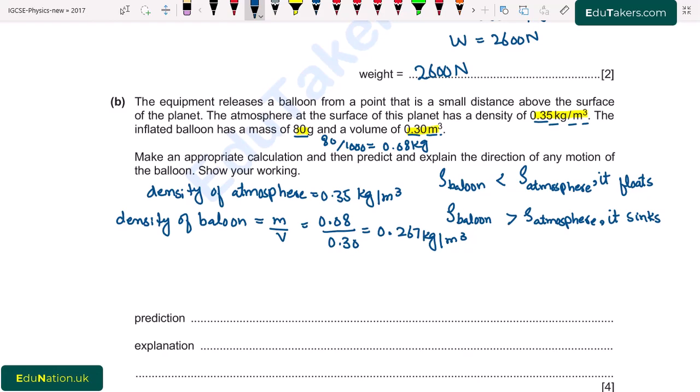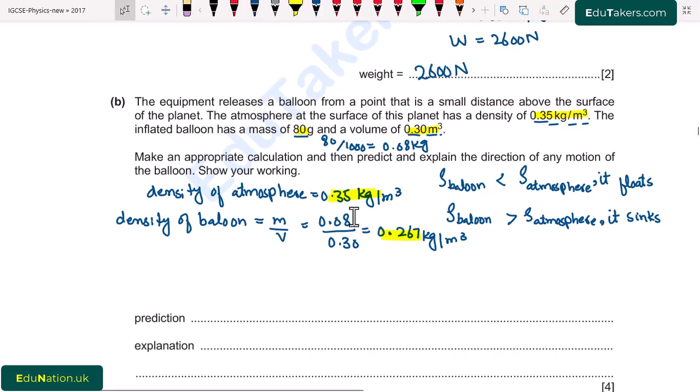So by comparing these two densities, the density of atmosphere and the density of balloon, we see here that the density of balloon is smaller as compared to the density of atmosphere.